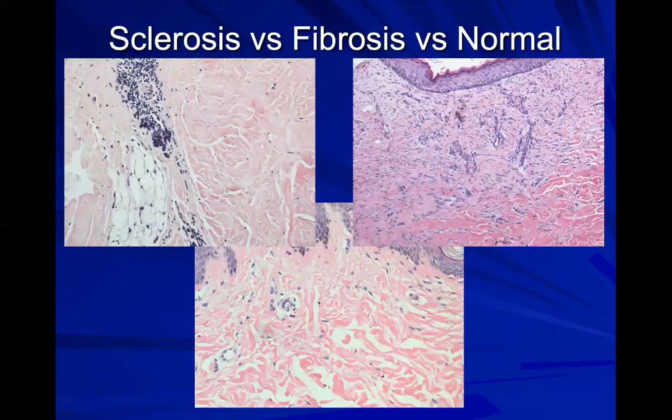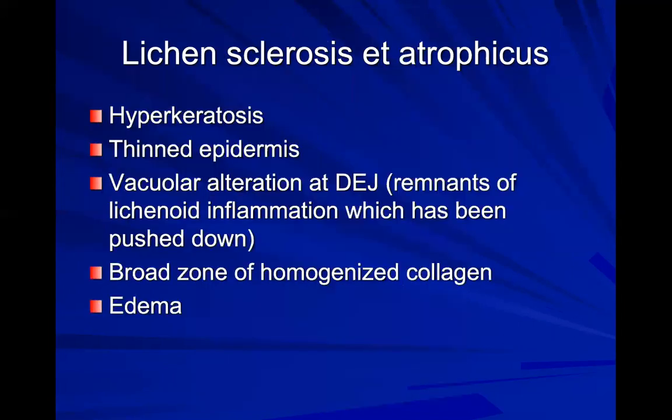So it's oriented horizontally, and you have a significantly increased number of fibroblasts in there. That's fibrosis. It's important because if you take a look at something with altered collagen and you divide it into the sclerosis category or the fibrosis category, the differentials are completely different, and it'll help you go down the correct direction in your ladder of differentials.